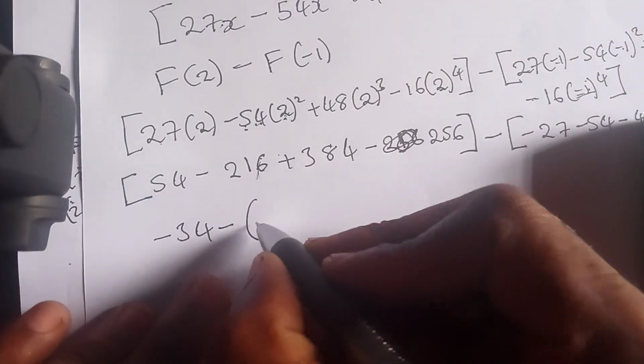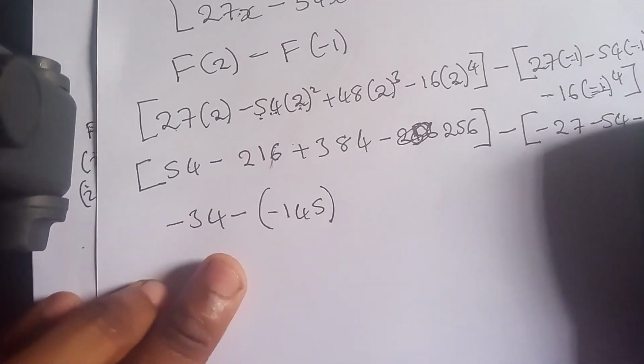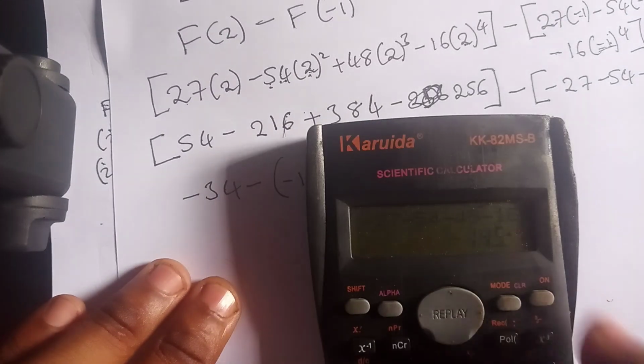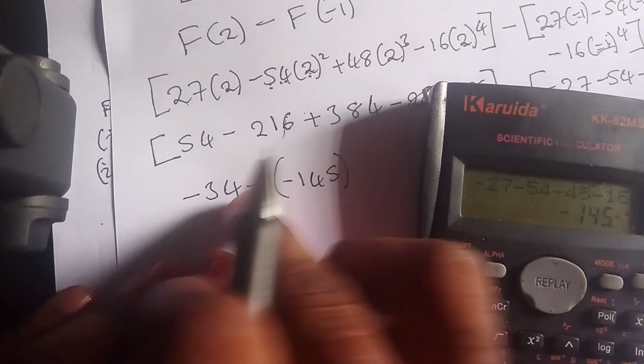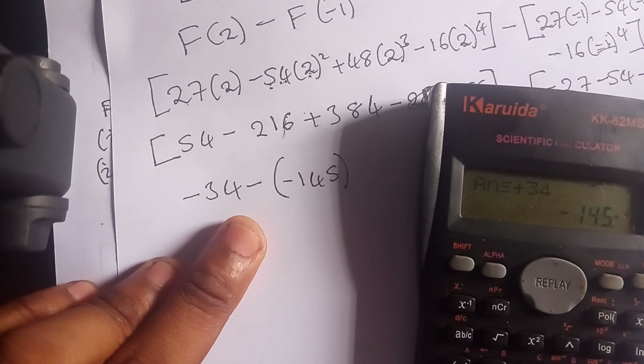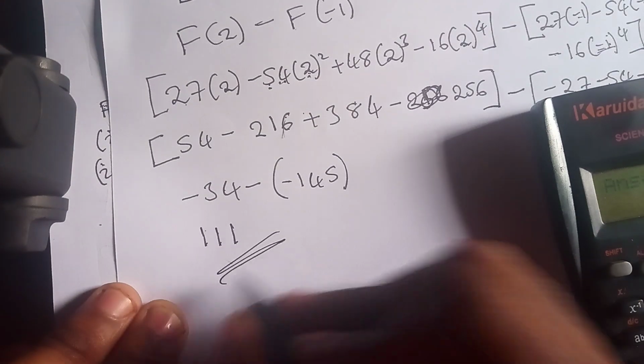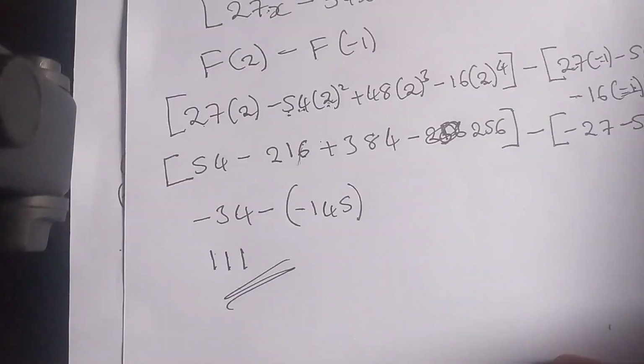This is negative 145. And then when we add these two, because this is an addition there, when we add 84, we have 111, and that's your answer for part A.